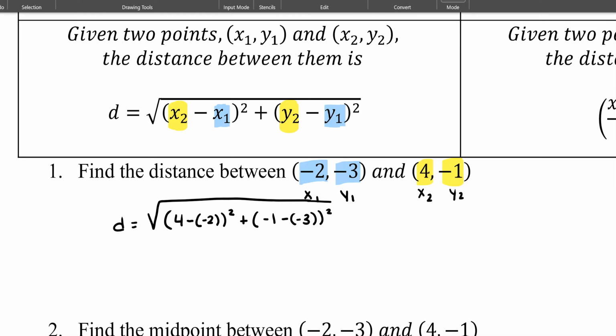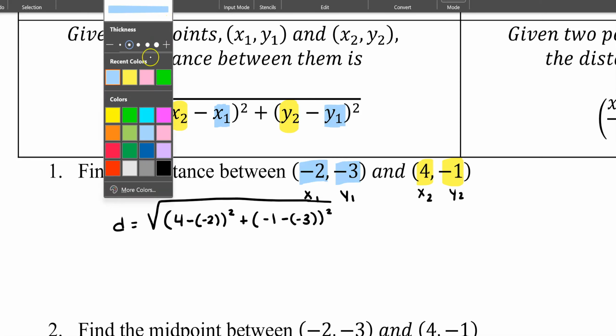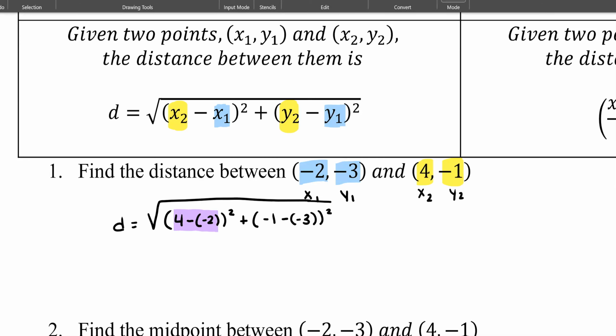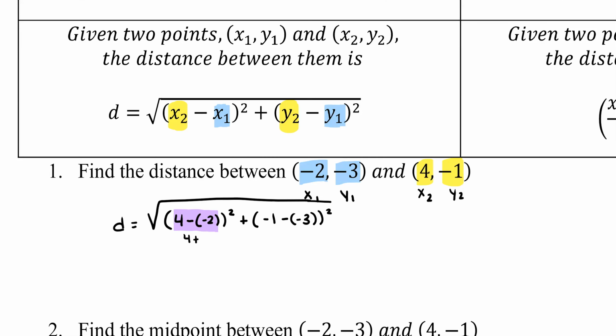So now I need to do 4 minus negative 2. So 4 minus negative 2 becomes 4 plus 2, which is 6. And 6 squared is 36.